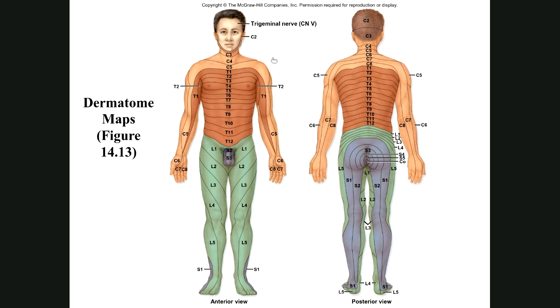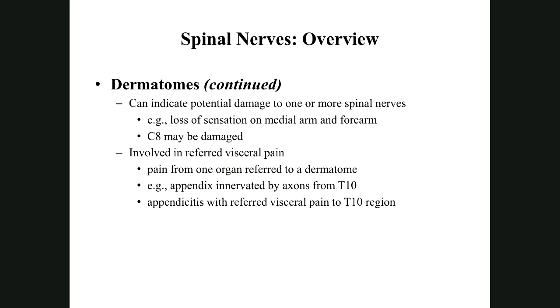I had a colleague who had it on her thumb and on the side of her arm, and so we both knew that there was C6, right? That's where she was having issues with that shingles. Okay, so again, dermatomes can indicate damage to one or more spinal nerves. So we're going to use this clinically to determine where damage might be.